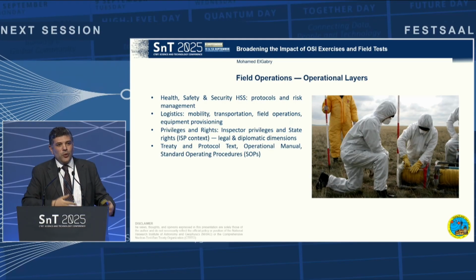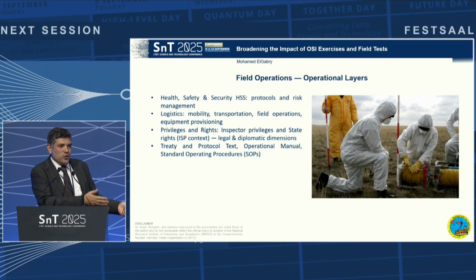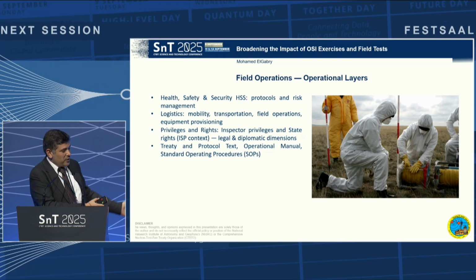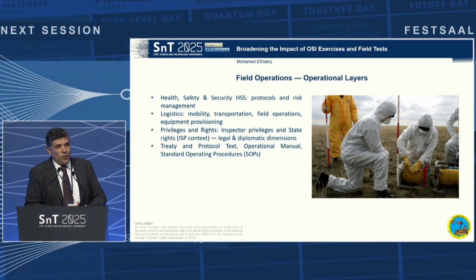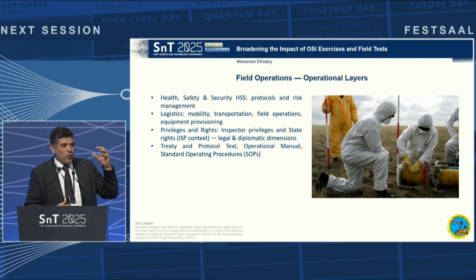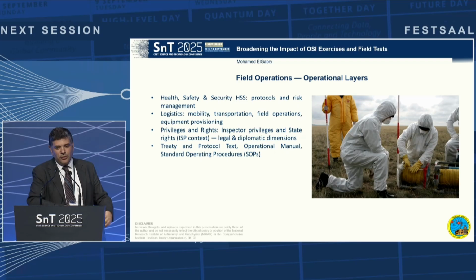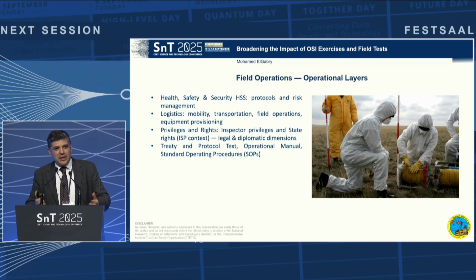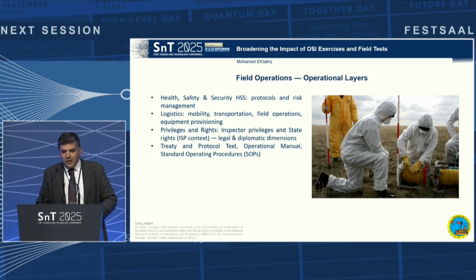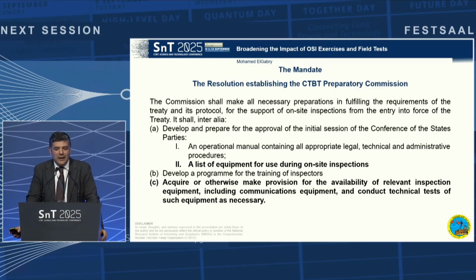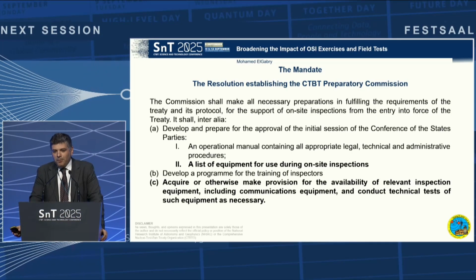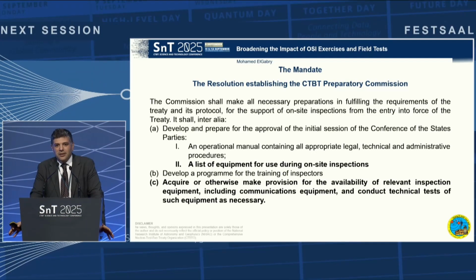On the other side, we have rights and obligations of the inspected state party towards the inspection team, and obligations and rights the inspection team should observe and follow. So it's a very complex process. It's not only about techniques, it's not only about operational and logistic aspects, it's about integrating all of this to achieve a successful inspection.